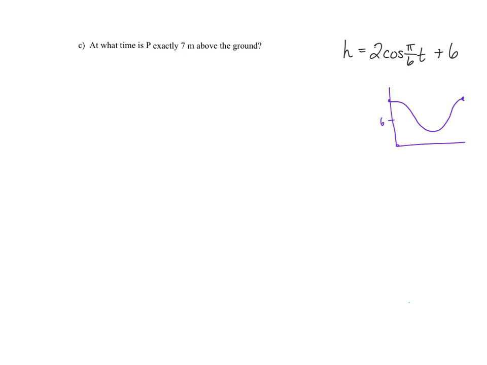So if we know this is a 6. So what we should be realizing is we should end up with 2 values of where it will be exactly 7 meters above the ground. All right, so this now just takes into account my height is 7.